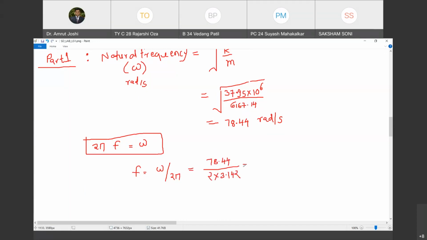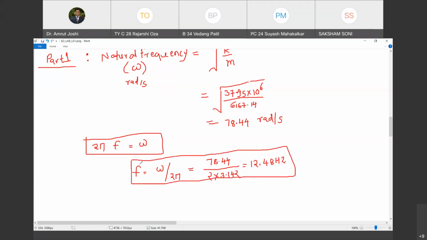So can you tell me how much is that? So is it 12.48 hertz? Yes. So the natural frequency of this system in hertz is 12.48 hertz.